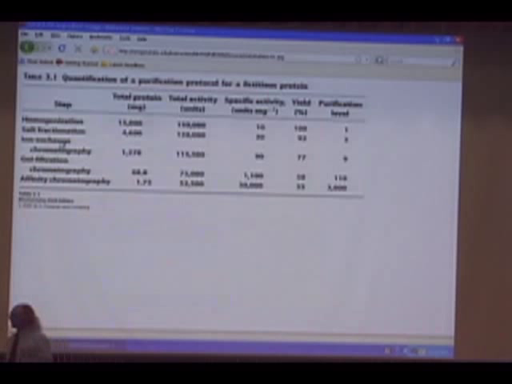All right. Now, what I hope I've impressed on you as I've gone through this is the fact that purification does not occur in one step. And if you've ever purified proteins, you know that, and you know that you have to be a little creative in your use of techniques sometimes to get a protein pure.